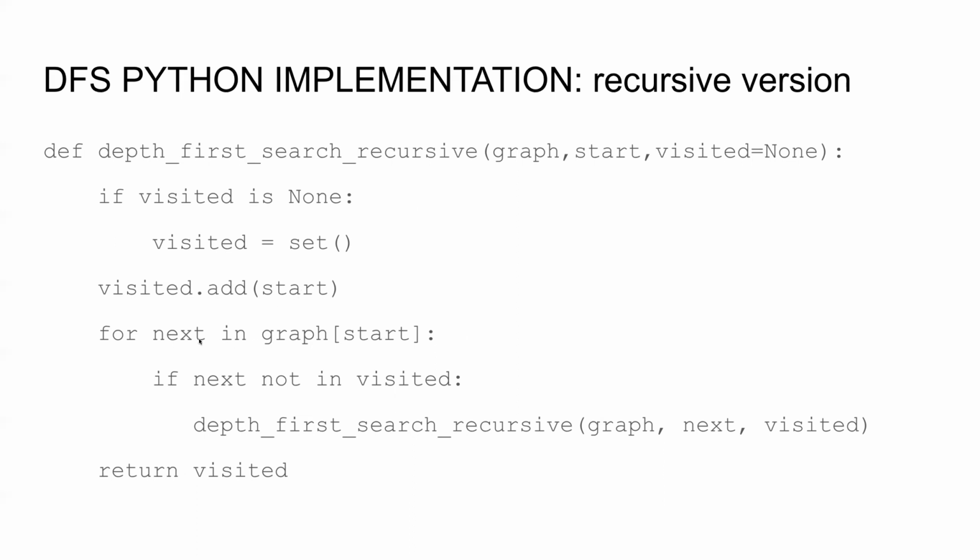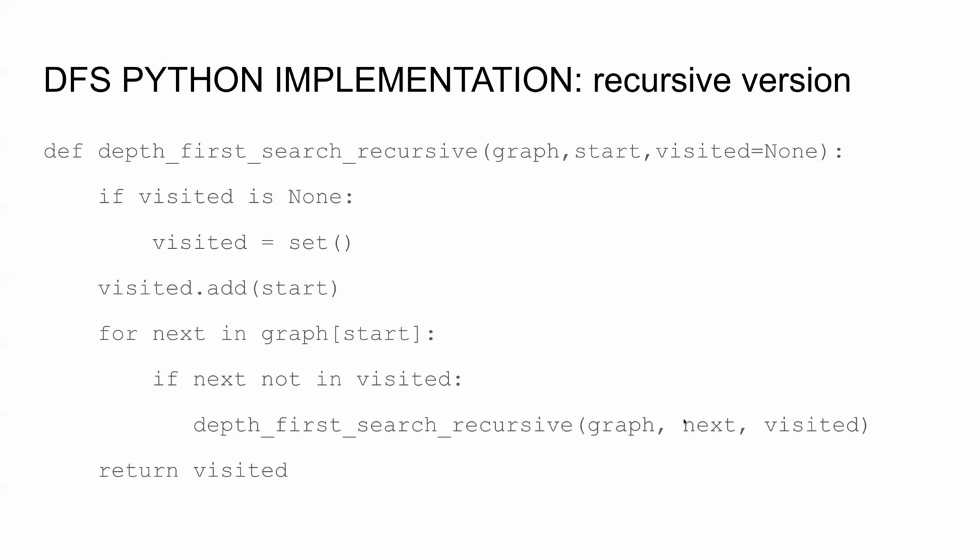And for all the neighbors of the start point in the graph, one by one, if that is not visited, then we're going to do this graph search recursive call again with that point.